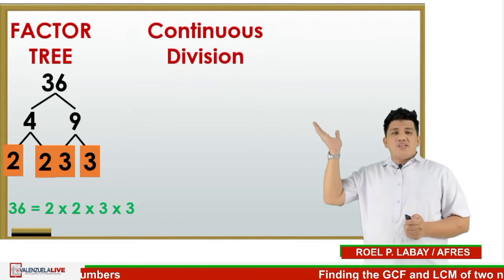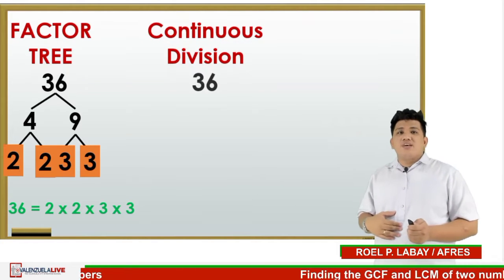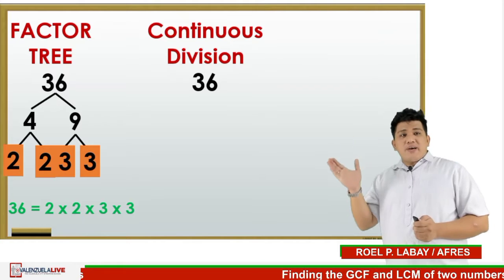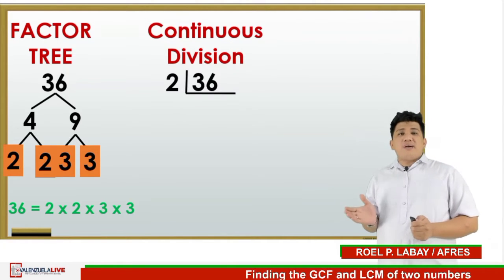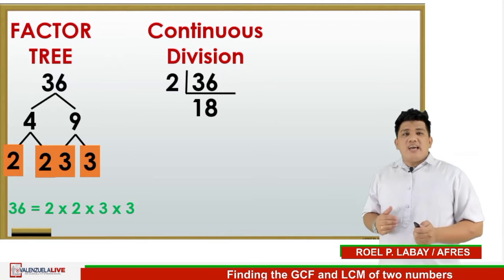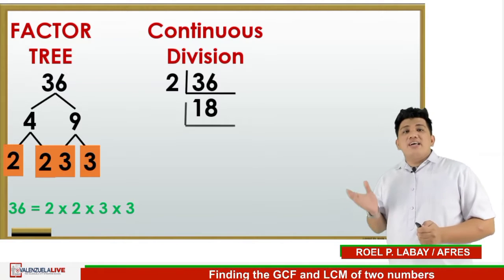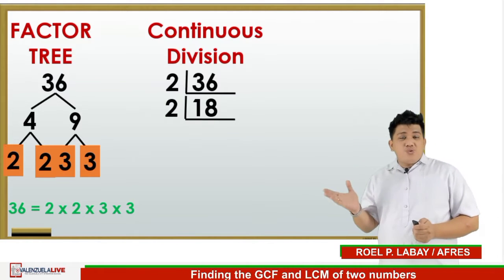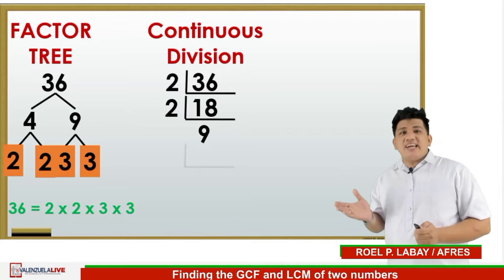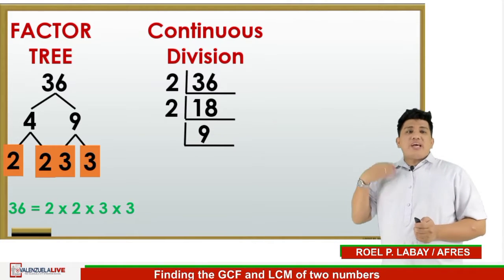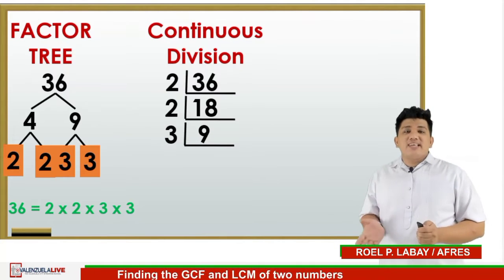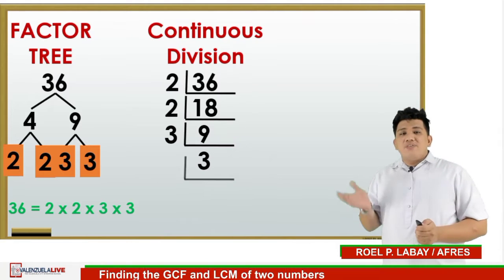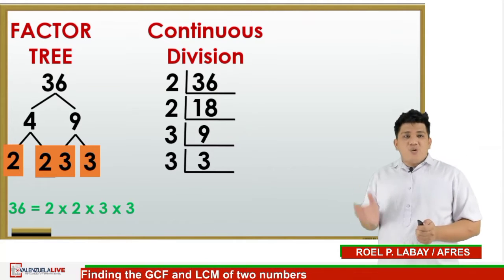Now, we will use continuous division. We will divide 36 by its prime factor, which is 2. 36 divided by 2 is 18. And we will divide 18 by 2. 18 divided by 2, the answer is 9. And then, we can divide 9 by 3. 9 divided by 3, the quotient is 3. And 3 divided by 3, the quotient is 1.